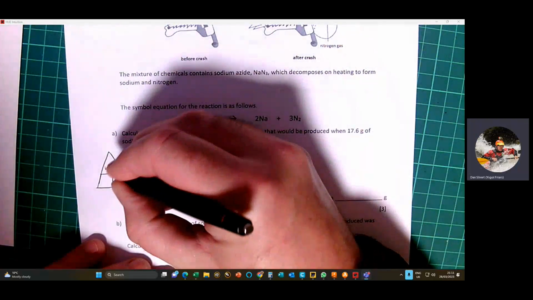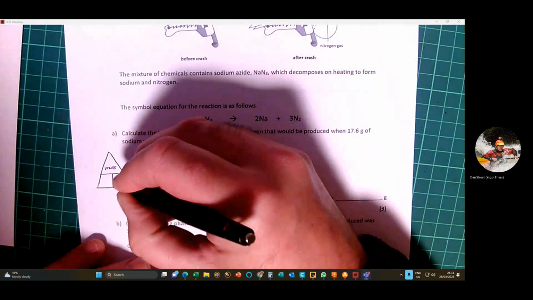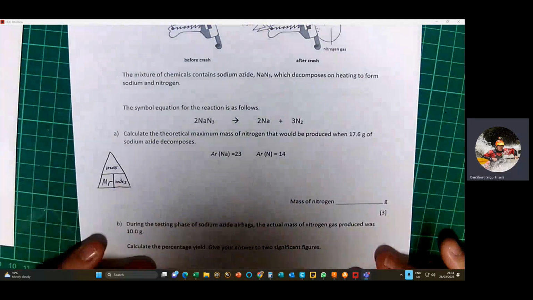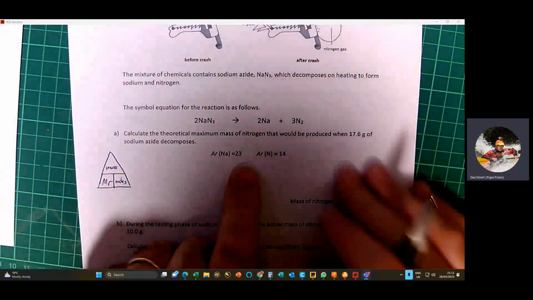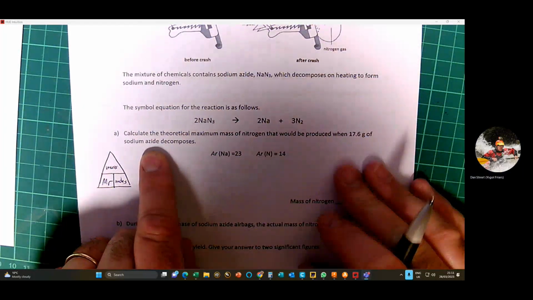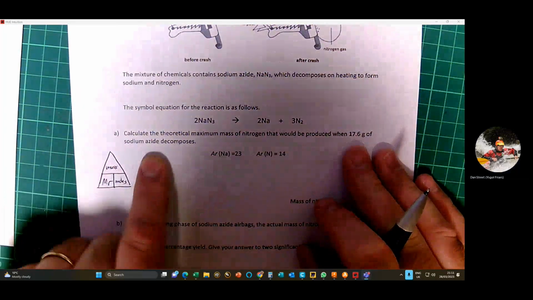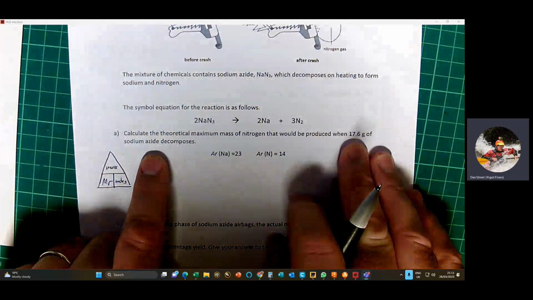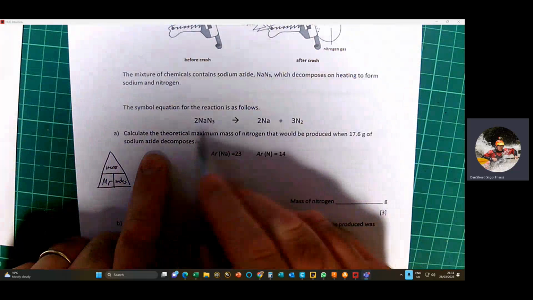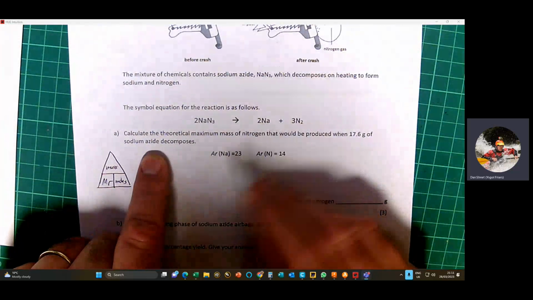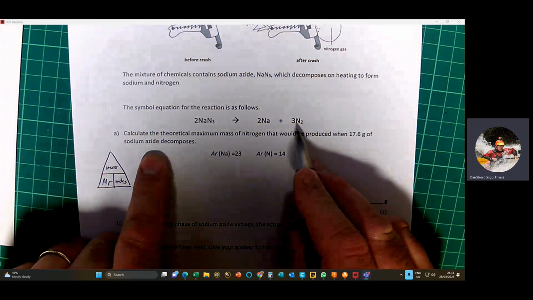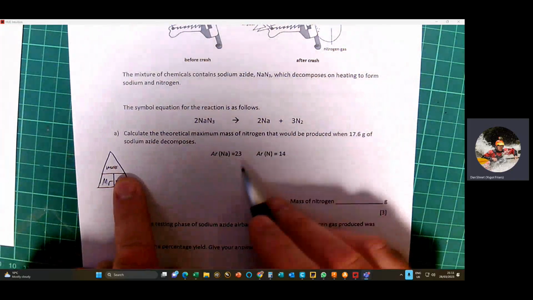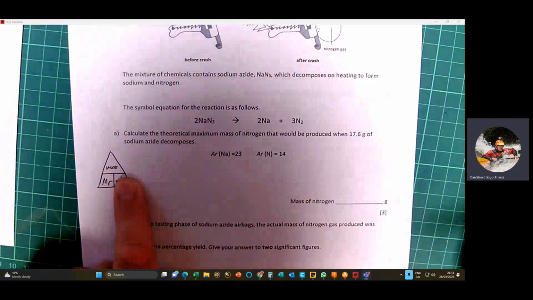And we have mass, moles, and MR. Okay, so for the sodium azide, we want to know how many moles of sodium azide there are in 17.6 grams. Okay, because then we can use information from the equation to calculate the number of moles of nitrogen.